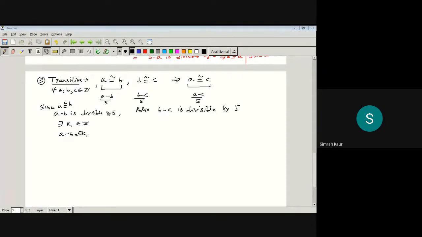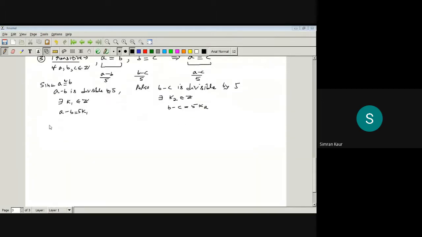Okay. Similarly, there exists K2 belonging to integers such that B minus C equals 5K2. Then add these two equations.